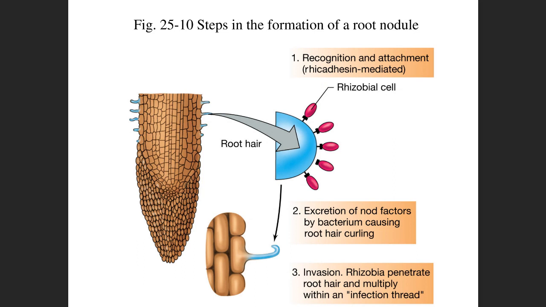So this is a diagram showing you the root hair. All plants have root hairs. On the root hairs, if you have bacteria, rhizobium, colonizing there, the bacteria will produce a molecule called nod factor. The nod factor will cause the plant root hair to curl.